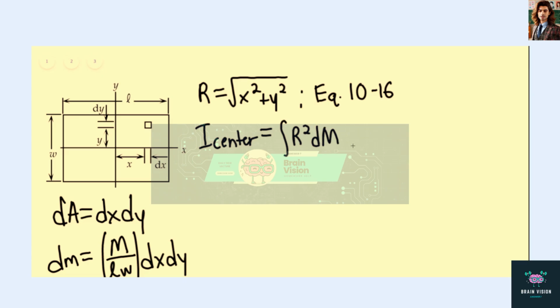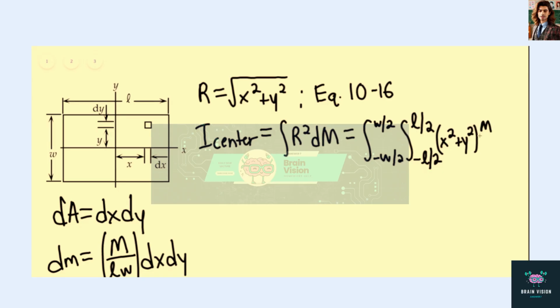This would essentially be equaling the integral from negative width over 2 to the width over 2 times the integral from negative length over 2 to the length over 2 of x squared plus y squared multiplied by m over the length times the width times dx dy.